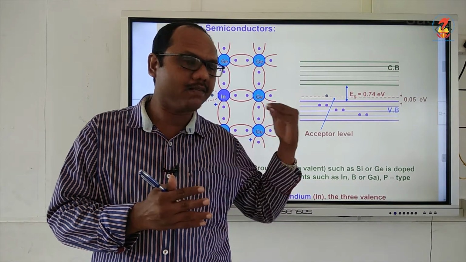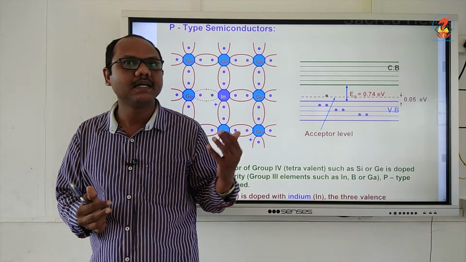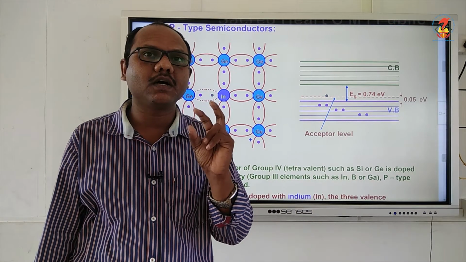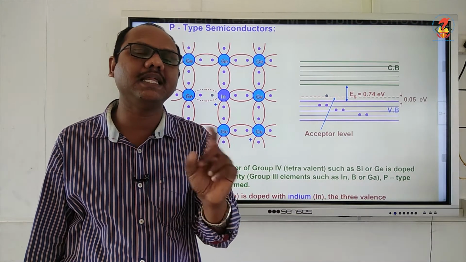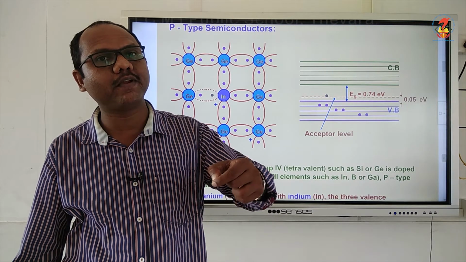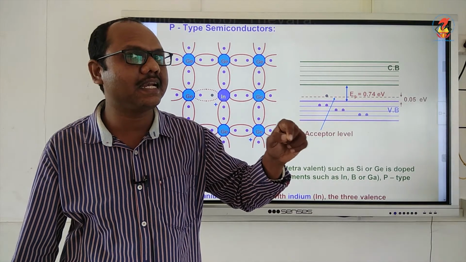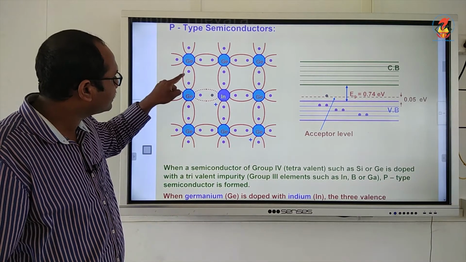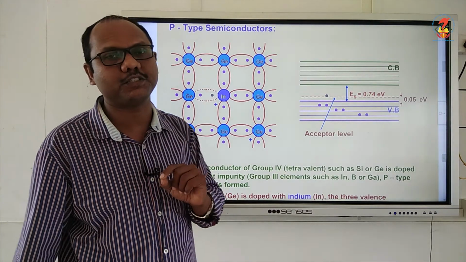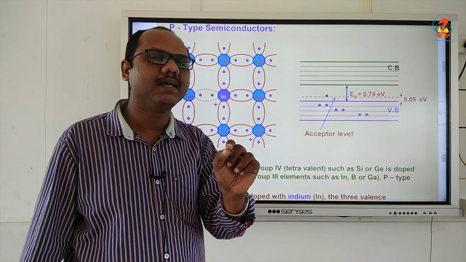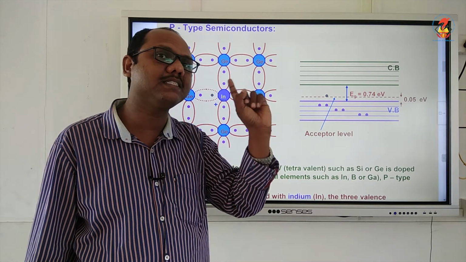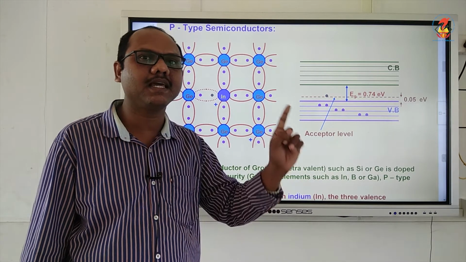So, whenever this deficiency happens, in the valence band, the covalent bond between 2 silicon atoms will break and electron will jump from that silicon covalent bond towards this deficiency and complete the tetrahedral structure, thereby creating a hole in the valence band of silicon covalent bond.